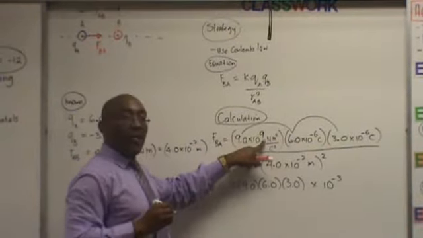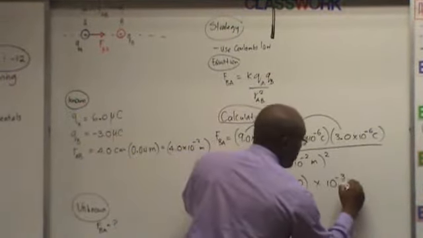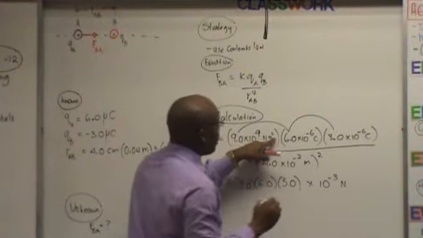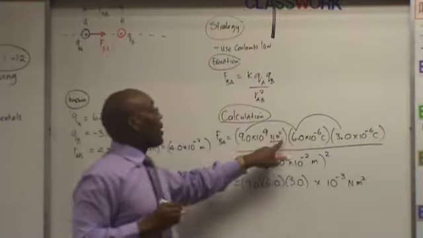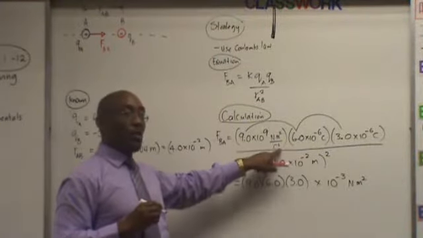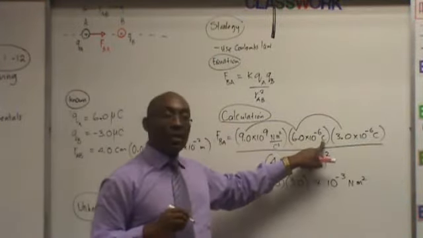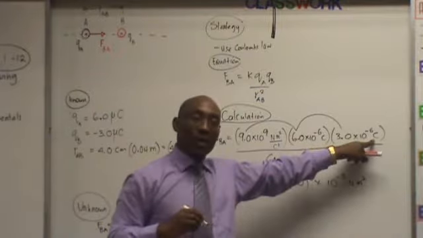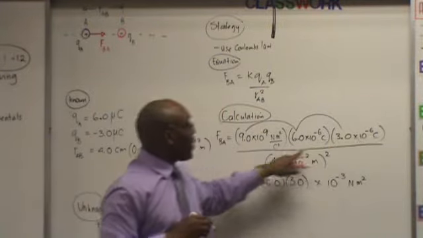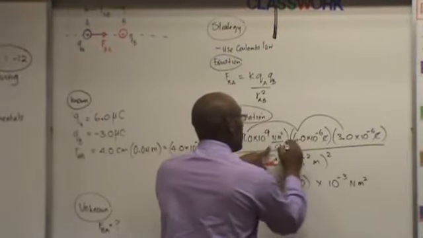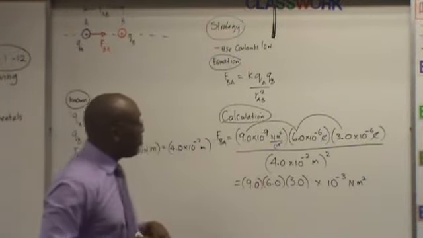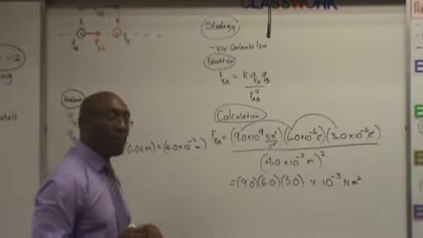For my units, I have N m squared, okay? And I have C squared at the bottom, but look over here. C times C is what? C squared. Divided by C squared, they cancel. That's the top.